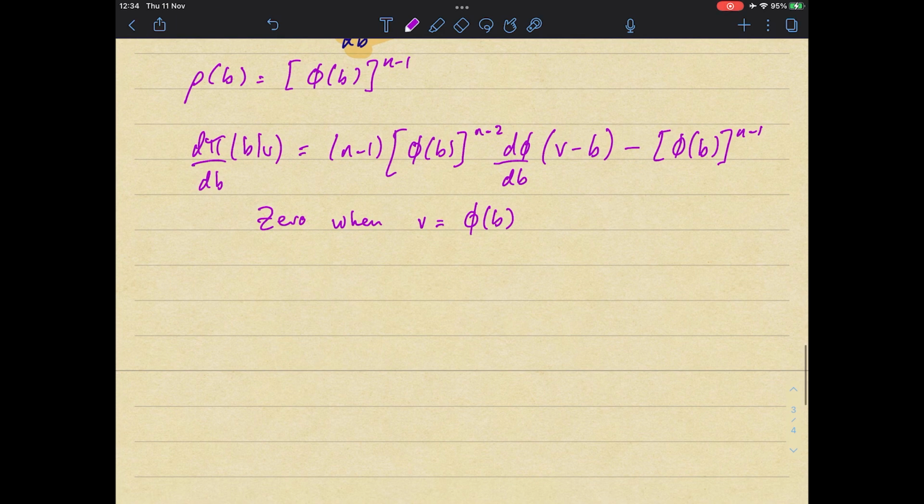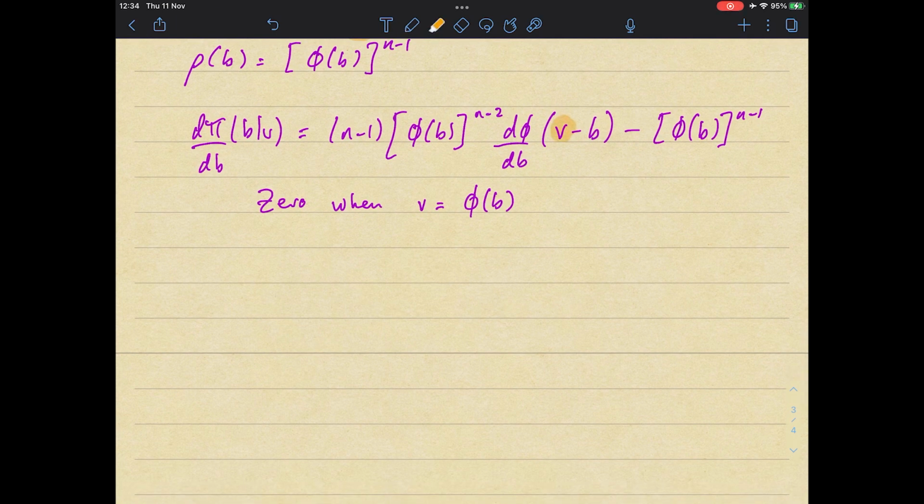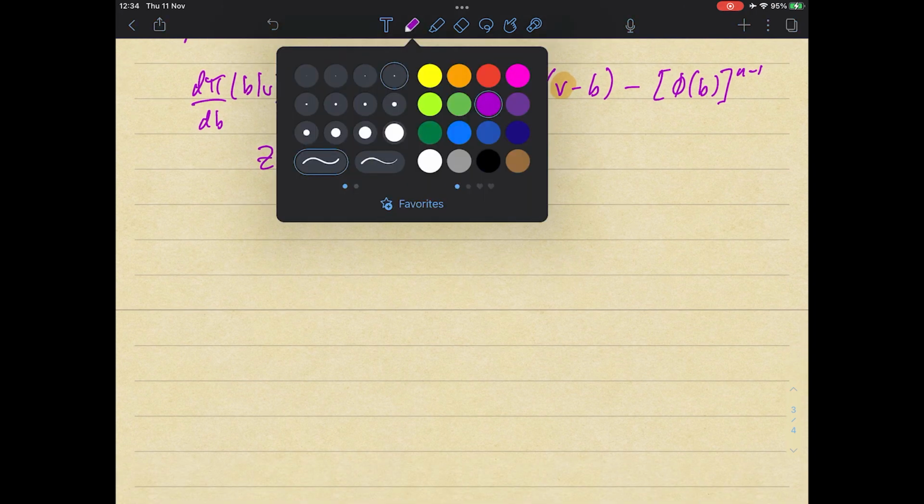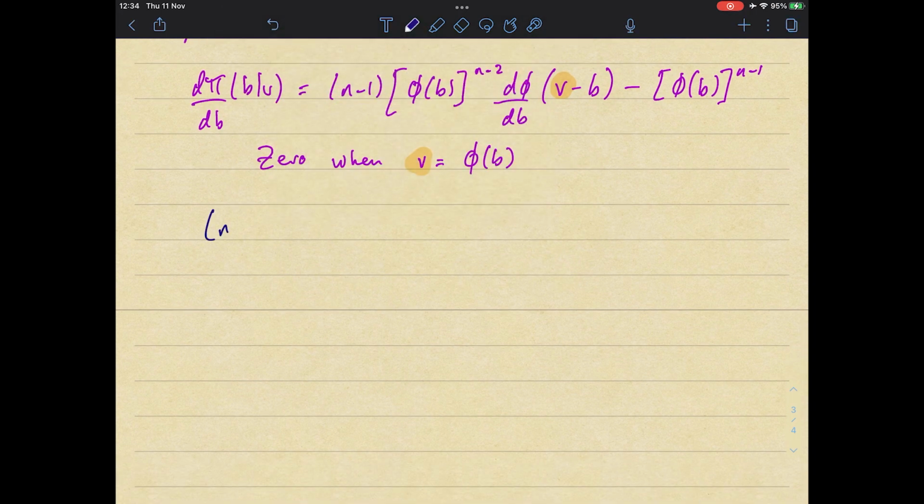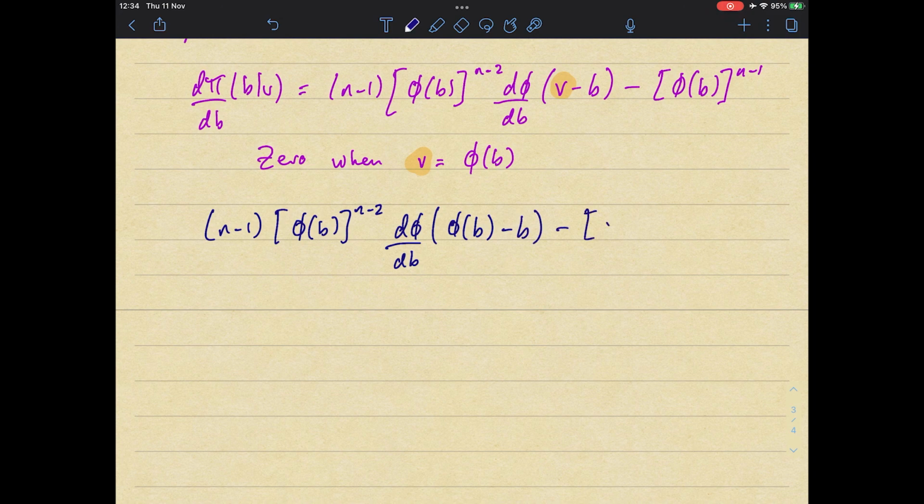Okay, so this is what we're going to replace, just this one term, just this v. We're going to replace it with phi of b. Let's do that. So what do we get? n minus 1 times phi of b to the power n minus 2, the derivative of phi of b, multiplied by v, which is equal to phi of b when we're maximizing payoff, minus b, minus this phi of b to the power n minus 1 equals 0.